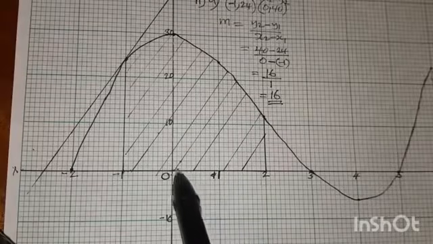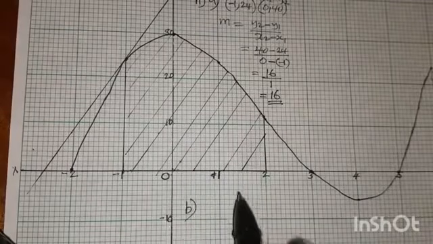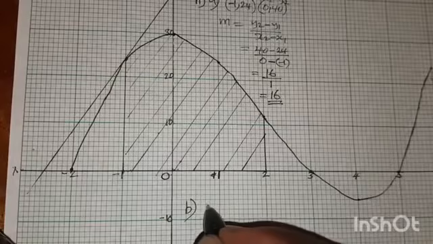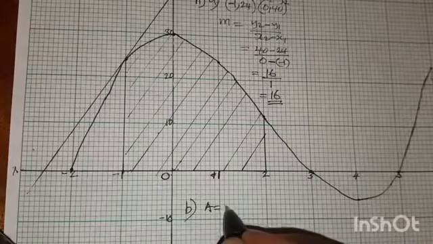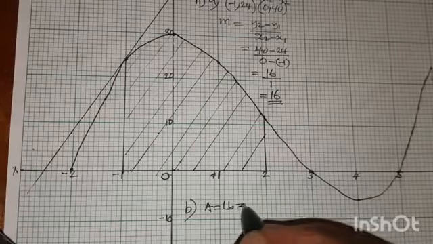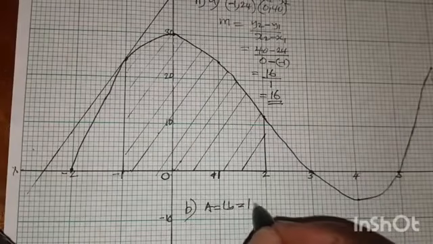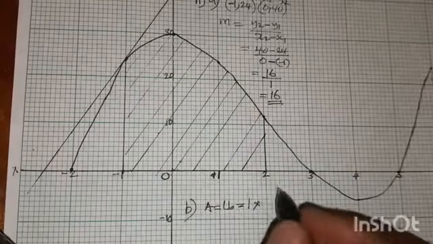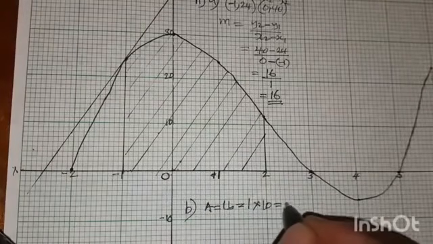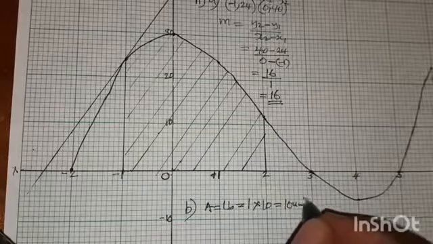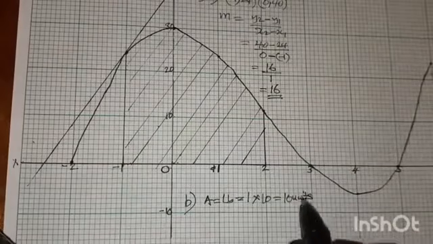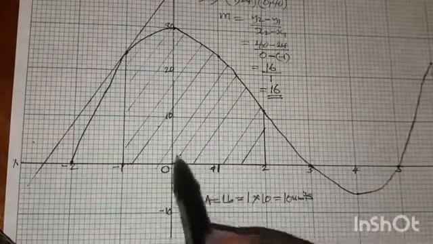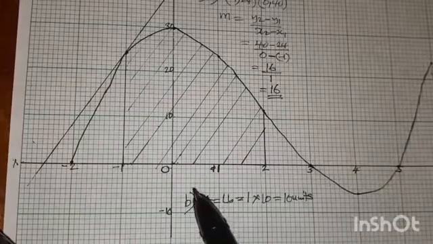Then from here up to there, it's 10. So area is equal to length times breadth, length is 1 times breadth is 10, which gives 10 unit square. So the area is 10 square units for one full square.